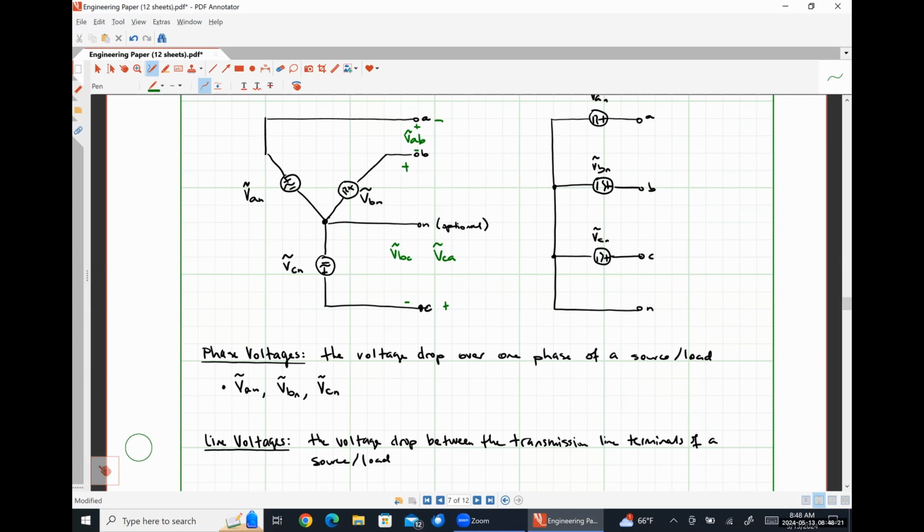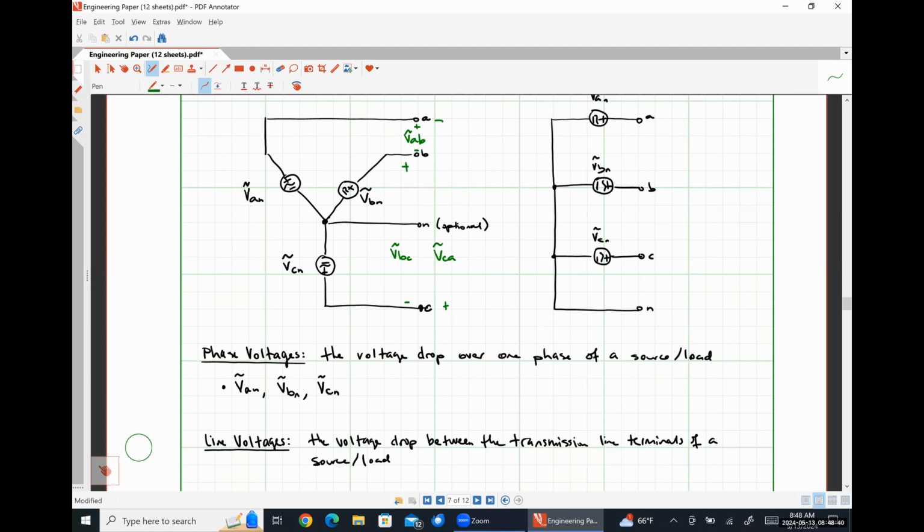So another thing that I want to point out, just in case it has not been obvious to you yet, the first letter of our subscript for any of these voltages is always at the positive polarity terminal. And the second letter of our subscript is always at the negative polarity terminal.